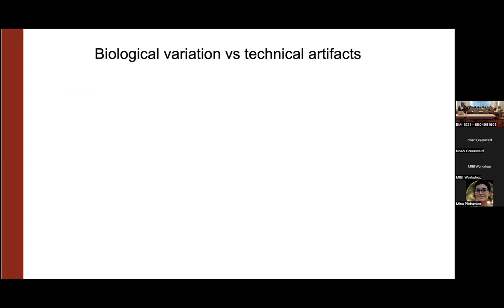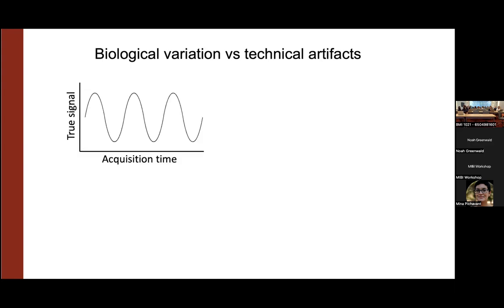So what is the difference between biological and technical variation? If you think about your true biological signal, there might be different images or different FOVs, different cores in your TMA that have true differences in the amount of signal for something you care about. However, there could also be, and we actually know this is the case across many different instruments, some sort of general technical influence where over time or over acquisition time, something is going to change.